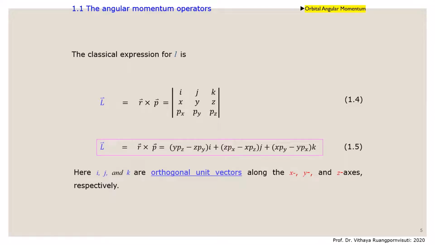The classical expression for angular momentum L can be modified from equation 1.2, L equals r cross p, to get equation 1.4 in terms of a determinant. The determinant on the right-hand side can be expanded using the mathematical formula. Now we get equation 1.5.